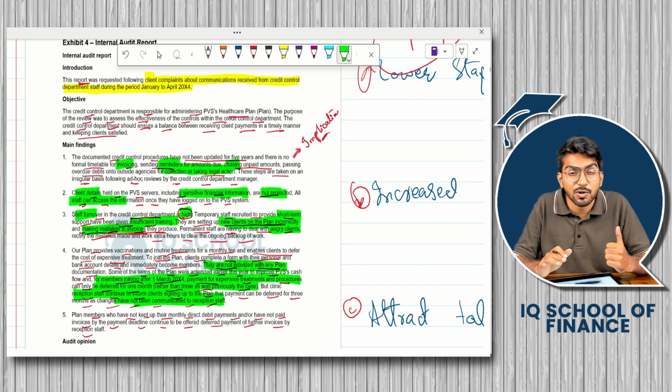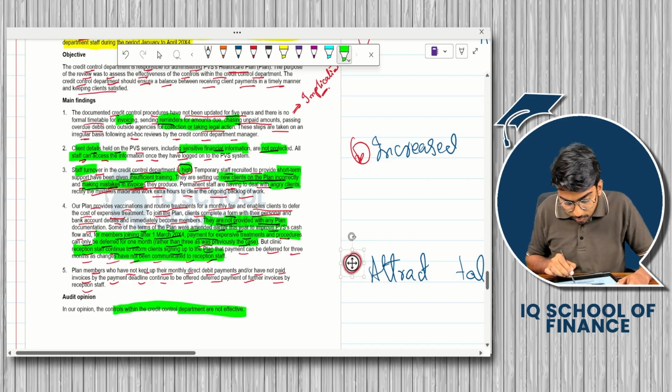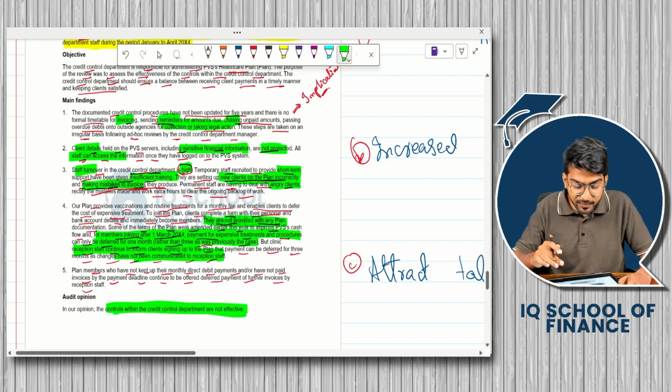But first you have to clear the last deferred payment so that you can have the next deferred payment plan. Otherwise, no more deferred payment plan for you. Till then, pay in cash right now. Okay, so the audit opinion is that the control departments are not effective.